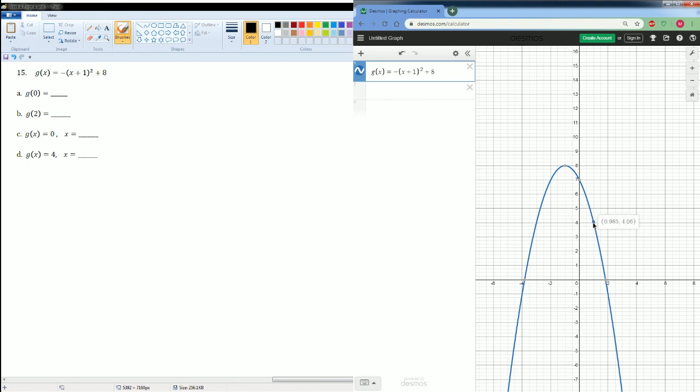When the input is 1, the output is 4. The other one would be negative, right? No, wait, right here, same thing. Yeah, so there are two inputs. X equals -3 will get you an output of 4, and an input of 1 will also get you an output of 4 for 15.